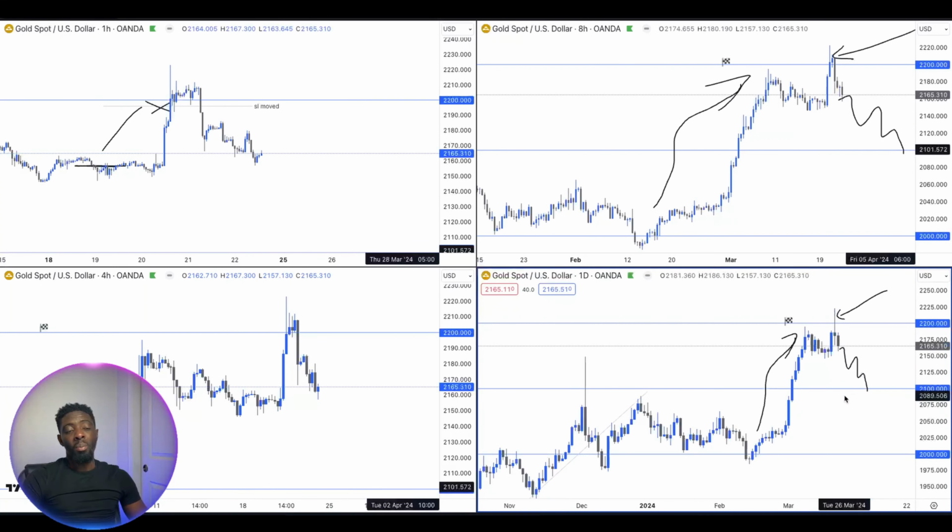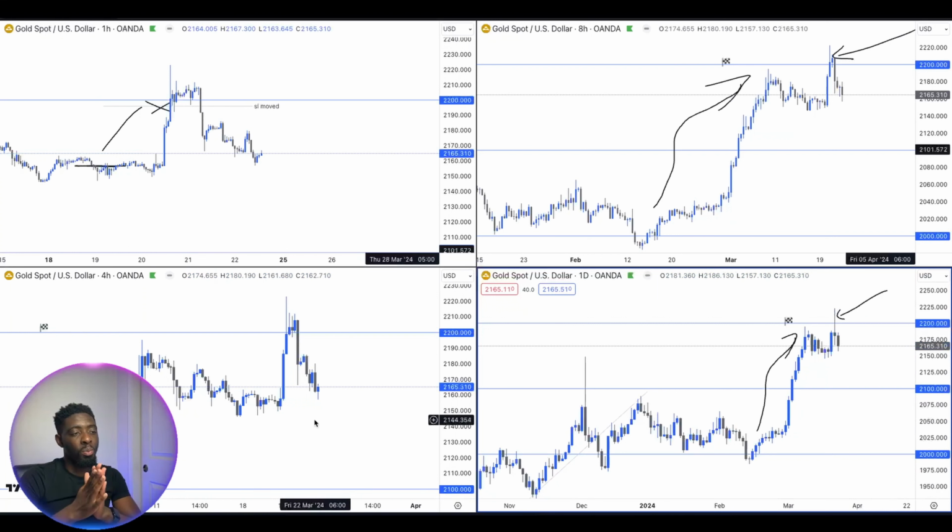The difficult thing about an analysis like this is it's quite difficult for you to tell how price is going to drop from 2,200 to 2,100, but you can wait and give price some time for it to give you more price action.